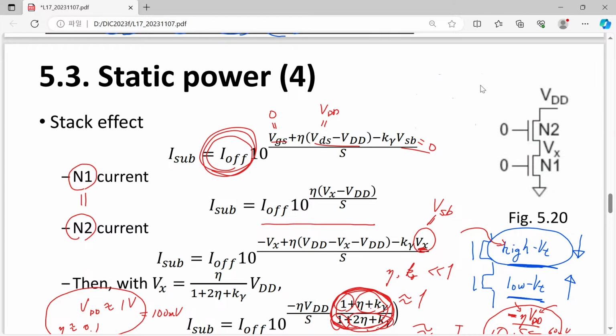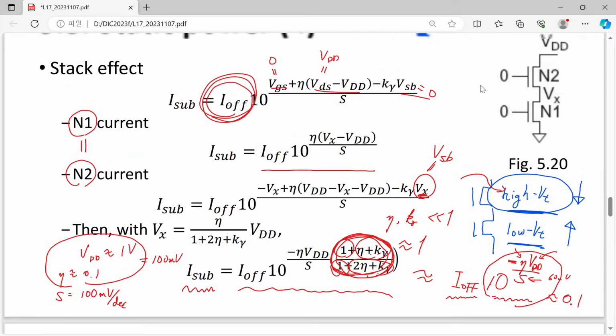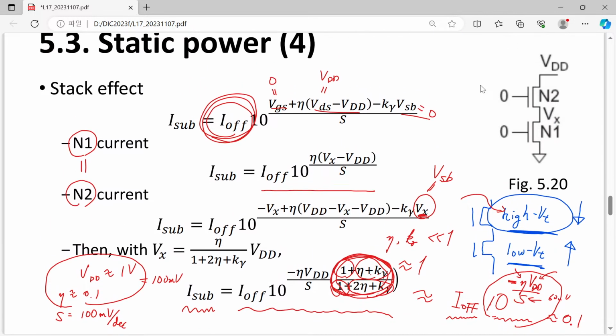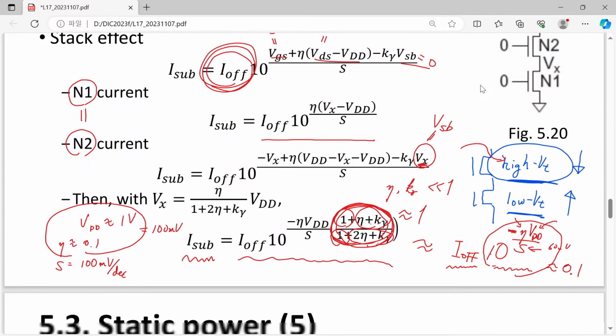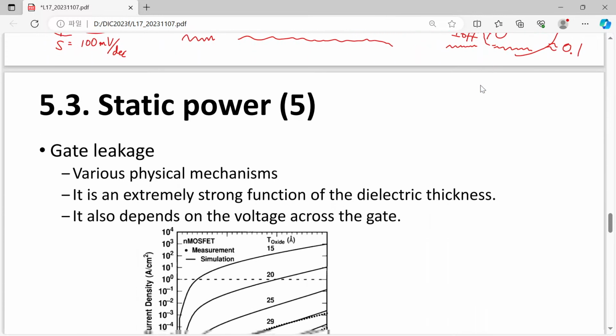Okay? Here worst means the one which conducts the current least. Okay, so now let's go to the next part. Therefore when we have this stack effect, we can have a relatively low static power consumption.